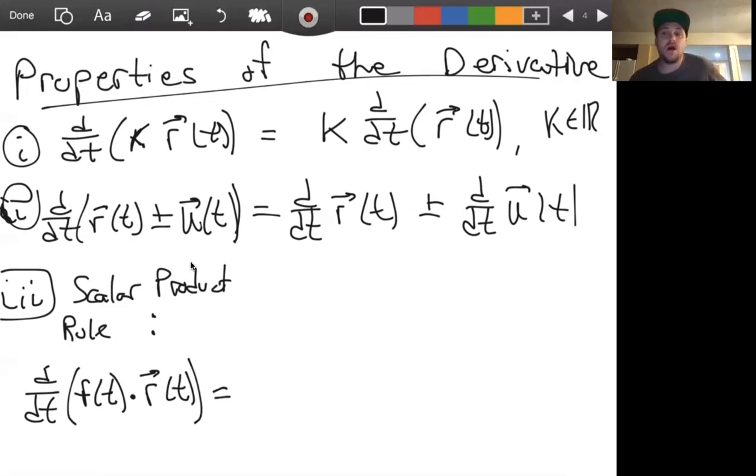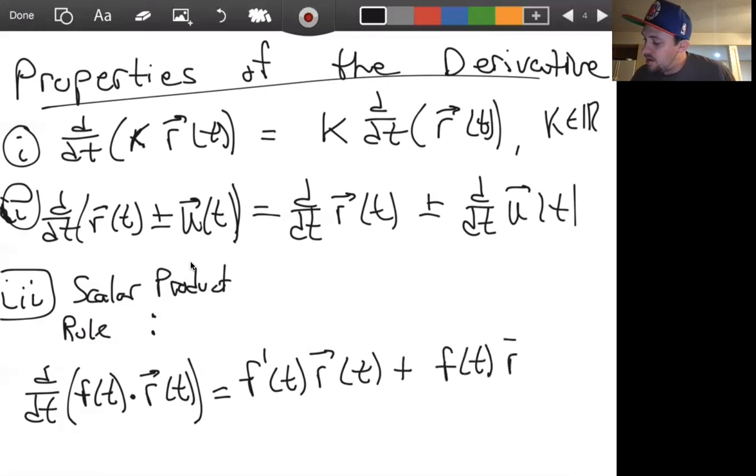Here, f(t) is not a vector valued function. It's just a standard scalar valued function where you put in a number and you get out a number. And we want to see what happens when you take the product of a scalar function with a vector valued function. What's the result? Well, there's a sort of product rule that we have to abide by. And namely, I'll use prime notation from here on out. This is f'(t) times r(t) plus f(t) r'(t).